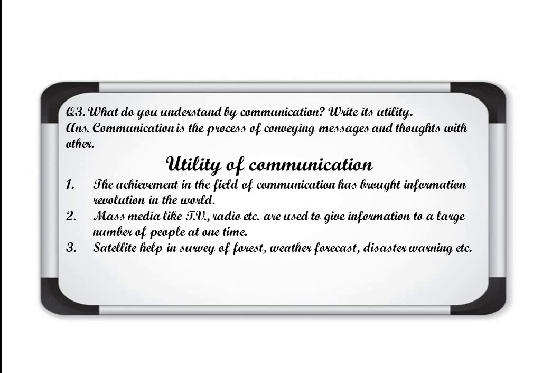Satellites help in survey of forest, weather forecast, disaster warning, etc. Number 4, wireless communication has become very popular today. So you can write all these points in utility of communication, meaning how we are using communication now.